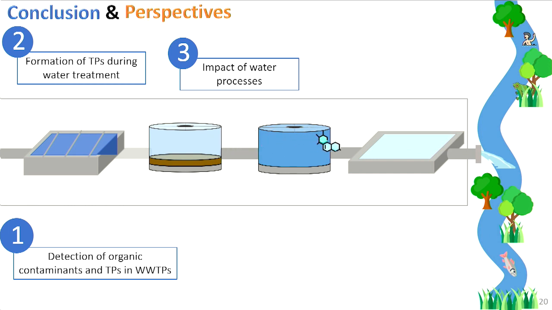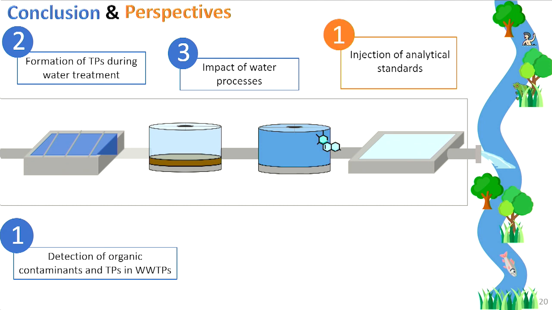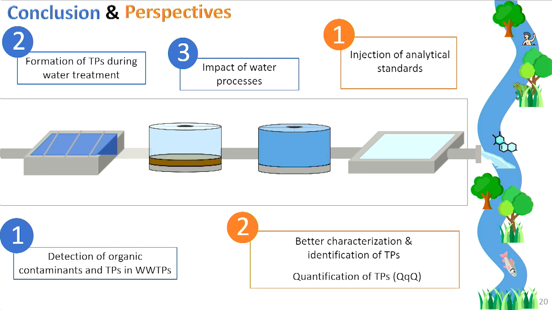Finally, it must be stated that a large part of transformation products remain unknown, so for some of them, standards are available. Buying them and injecting those analytical standards will allow us to better characterize, better identify, and possibly quantify some transformation products, which is essential for the preservation of our aquatic ecosystem.